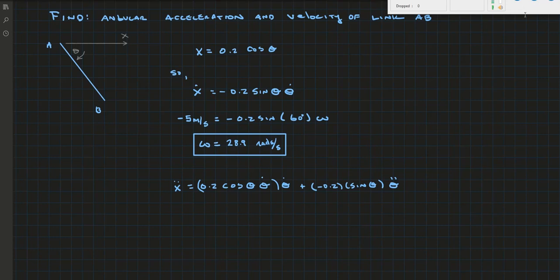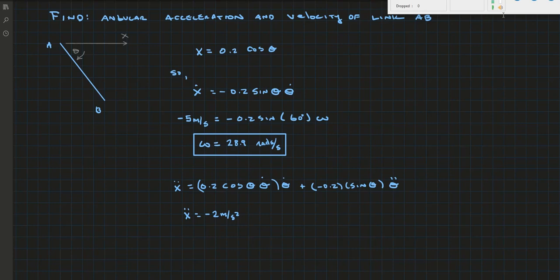Plugging in our value for omega here, and our value is 60 for theta, we end up with an acceleration of minus 2 meters per second squared.